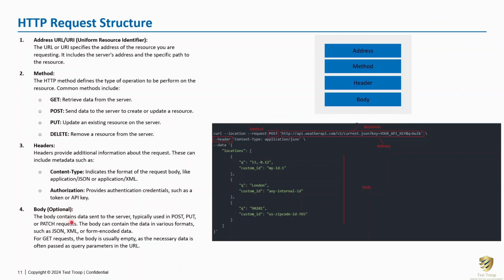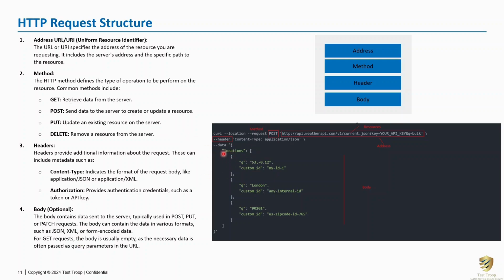The body is the actual information that is sent to the server. It's the actual data that is being sent to the server. Typically, the body is used in request methods like post, put, or patch. In case of a get, we generally don't use the body, which is empty.